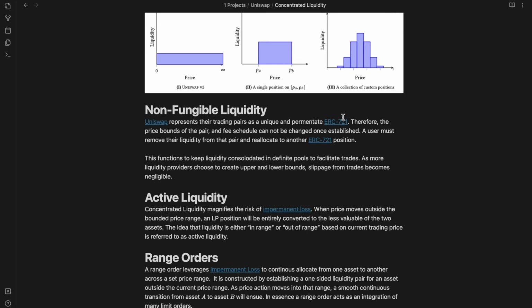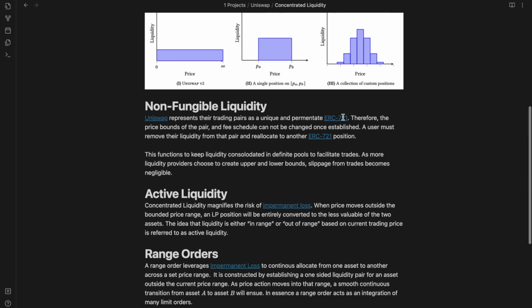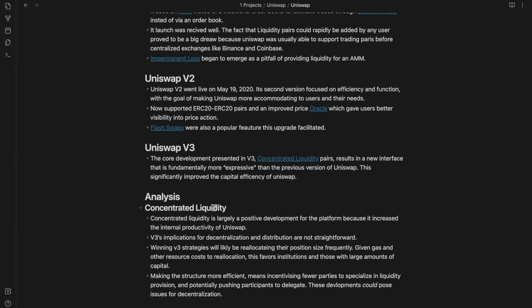So as price action moves, say, into that range or out of that range, you're going to get a nice continuous allocation from asset A to, say, asset B. So this is a nice integration of many discrete orders that you might have to take if you wanted to slowly allocate. This really does make the position more of an active, living thing that is much more expressive. So that's Uniswap in a nutshell.